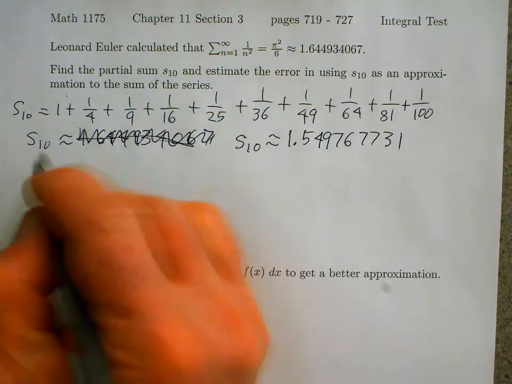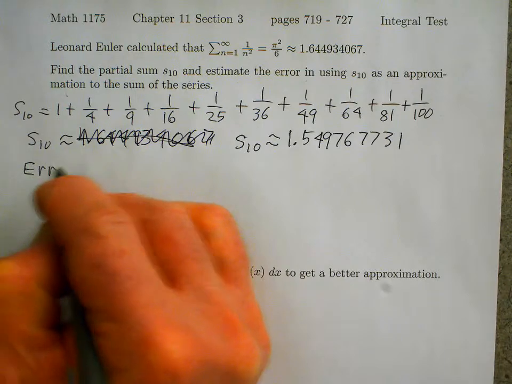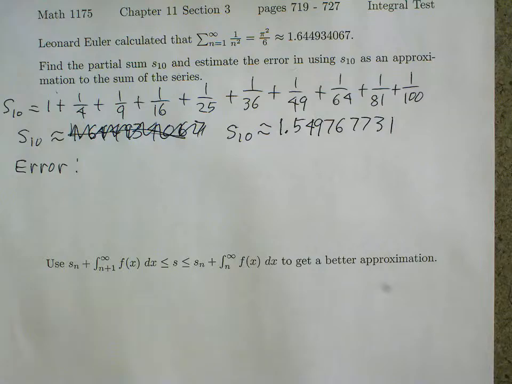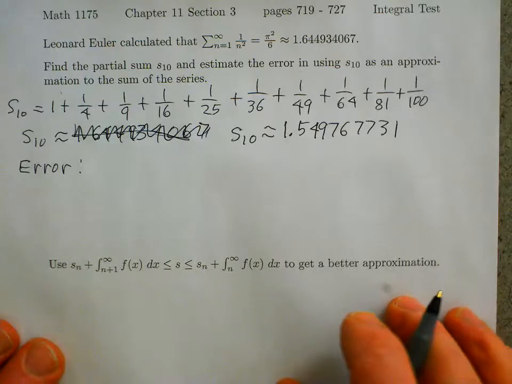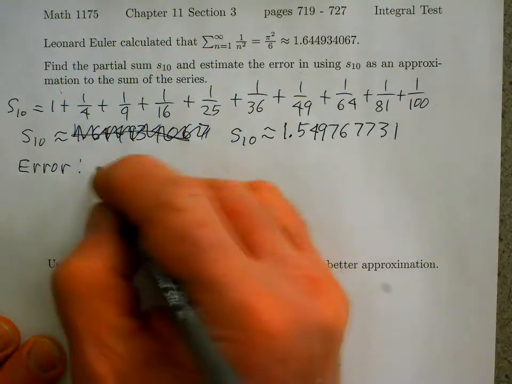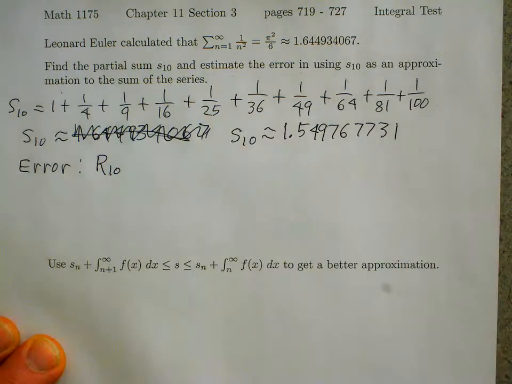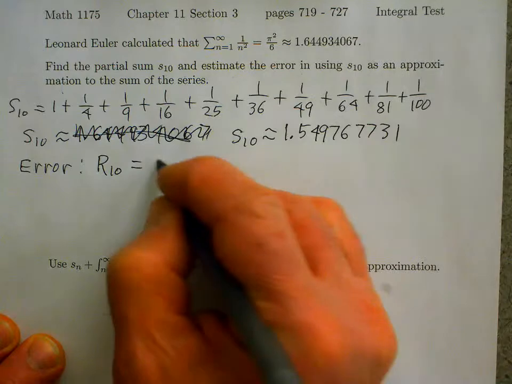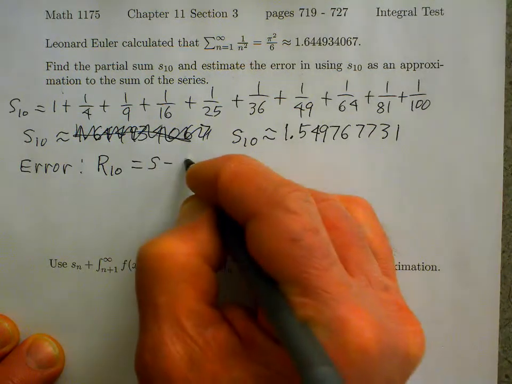So what's the error? The definition of the error? S minus S sub n. Yeah, R sub 10 is the error. R sub 10 is defined to be S minus S sub 10.